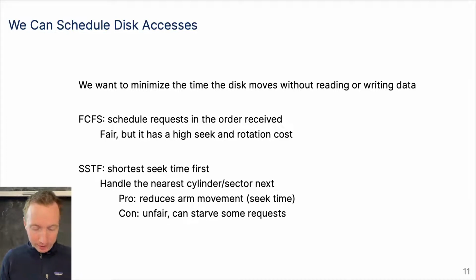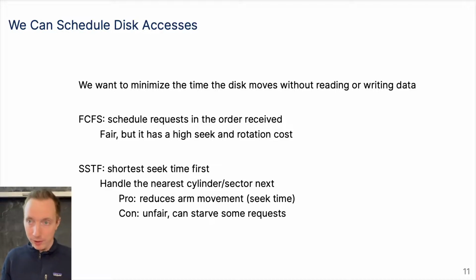So the first thing we can look at is something called shortest seek time first. In that scenario, if I have a bunch of requests, I'm going to service them in the order that they're the closest to wherever my head currently is.